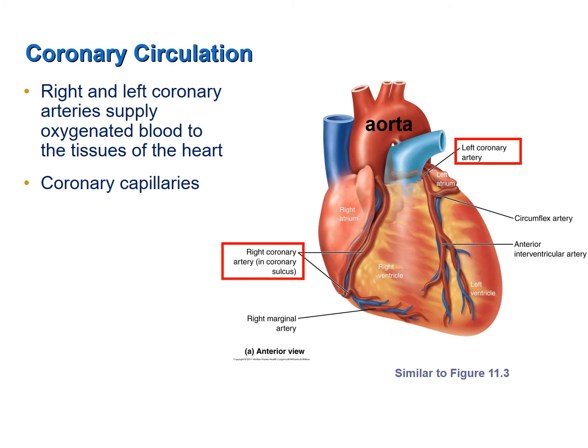So these coronary arteries branch into many smaller arteries not illustrated in this figure. Those arteries lead to coronary capillaries, and there the typical exchange of carbon dioxide, oxygen, and nutrients between the blood of the coronary capillaries and the tissues of the heart occurs.